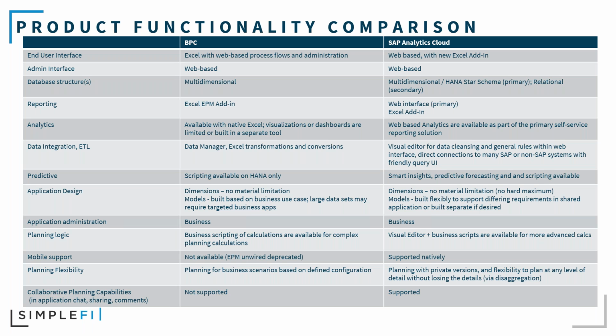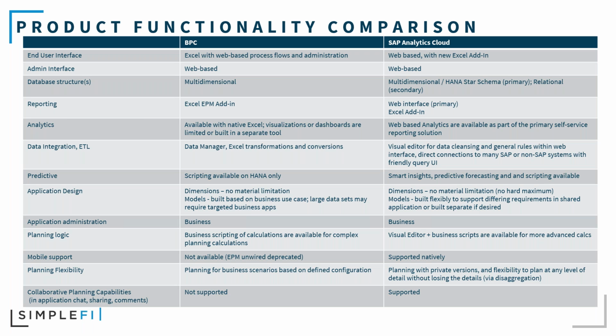And then there's the collaborative functionality in SAC: the ability to send automated emails and reminders and have chats with things attached to them. None of that really exists in BPC.